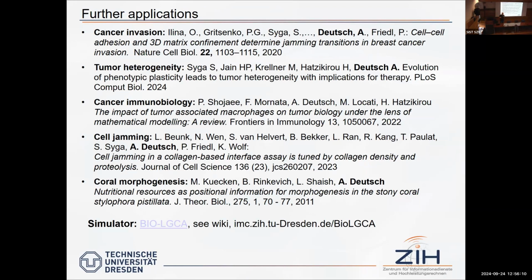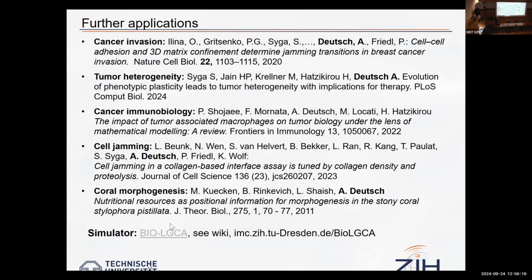The simulator from which I chose the simulations is available online, and this is an example of the activator inhibitor system, and I want to finally show this nice pattern forming with you. So we have two species, activator and inhibitor. You see the coloring over here and the formation of patterns.